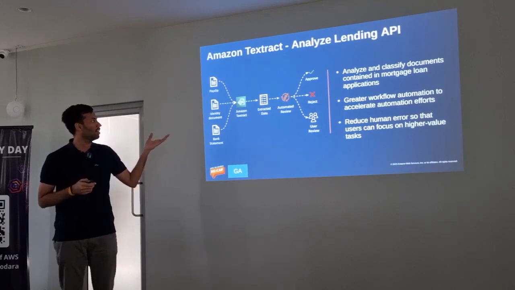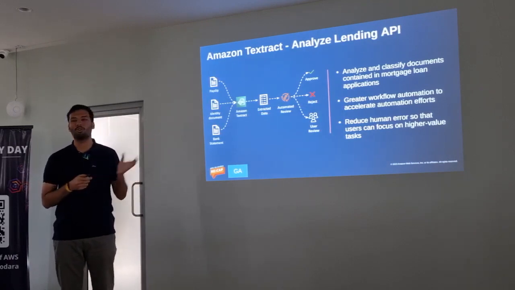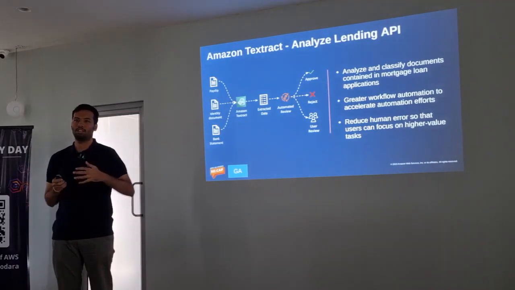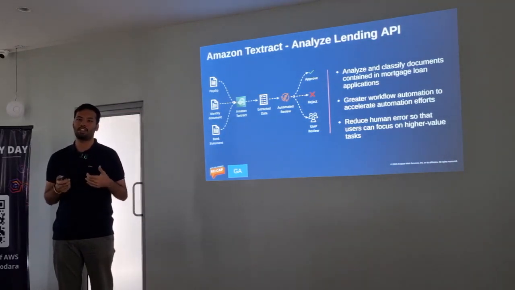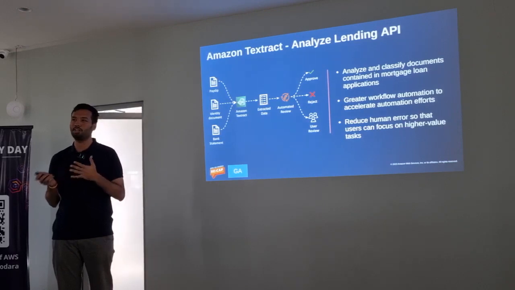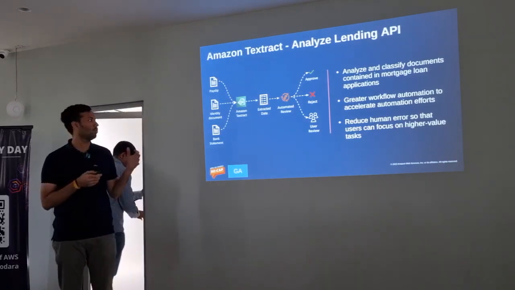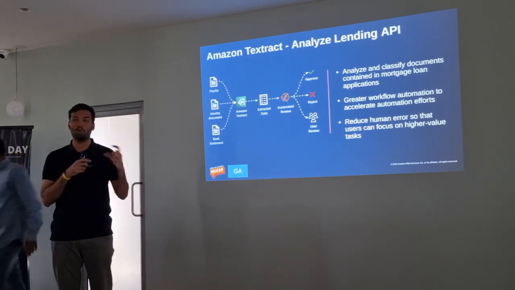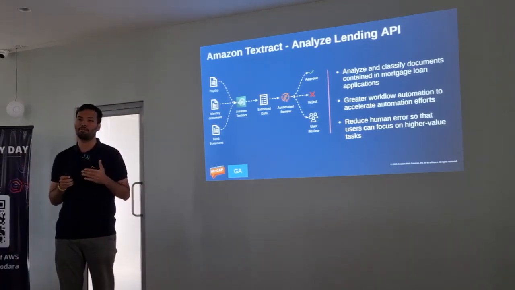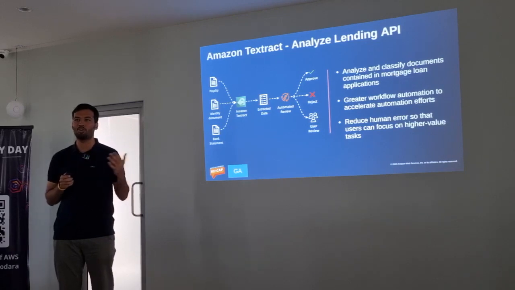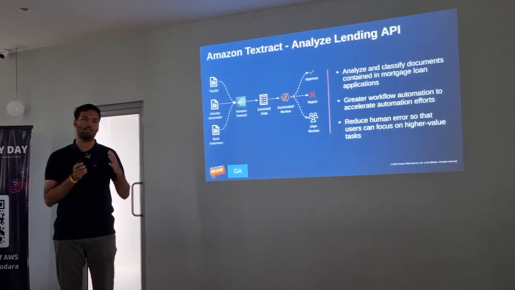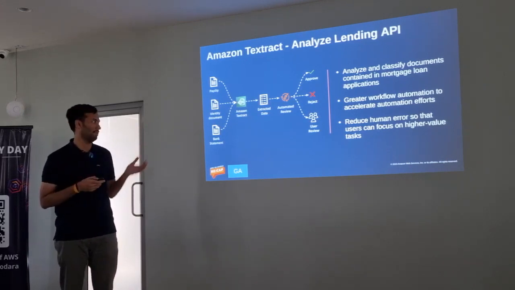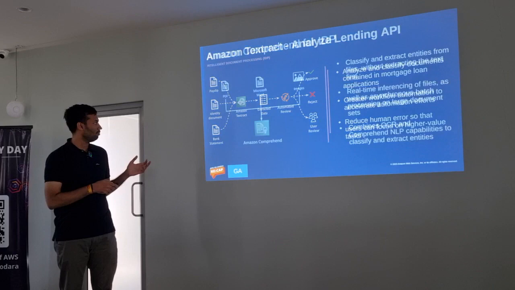This time in the reInvent, they discussed that they have introduced an analyzing API for lending purposes. This is a similar type of task that we as a company do on a daily basis. They have done this based on US documents: US bank statements, US payslips and so on are collected and analyzed, and they give you the analyzed report out of these APIs.